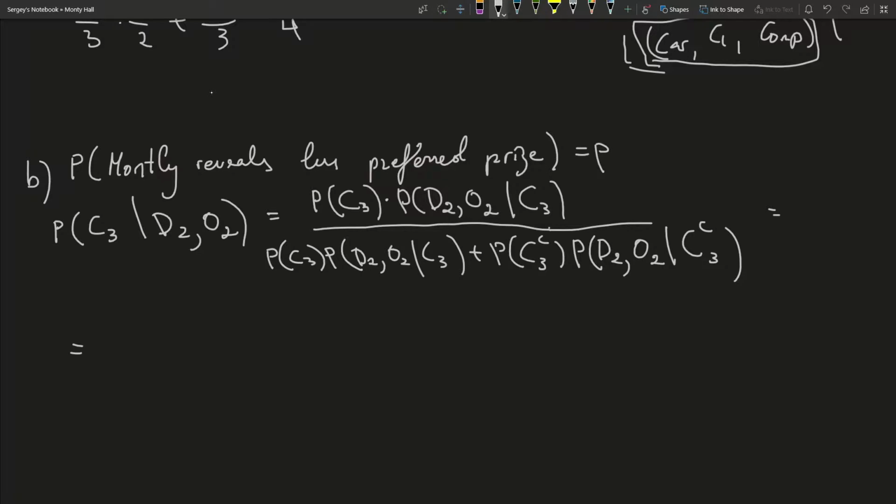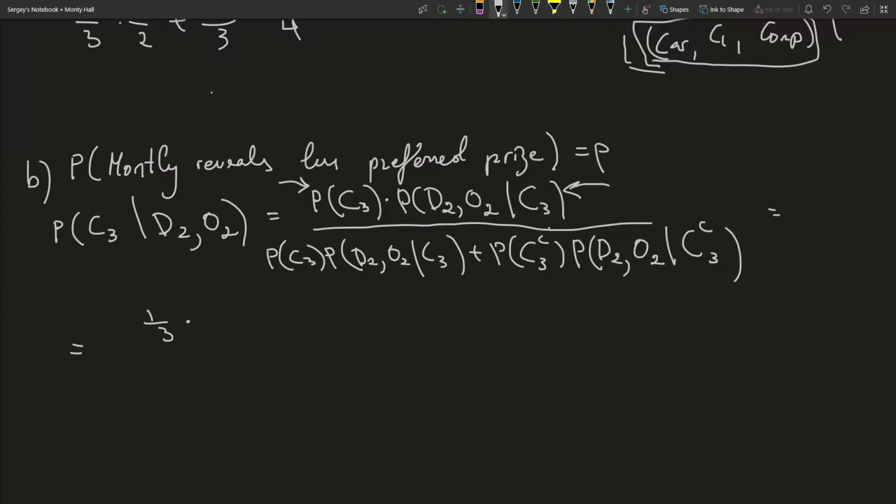So again, the prior probability of the car being behind door 3 is a third. And we can rewrite this expression by using the definition of the probability of the intersection of two sets.